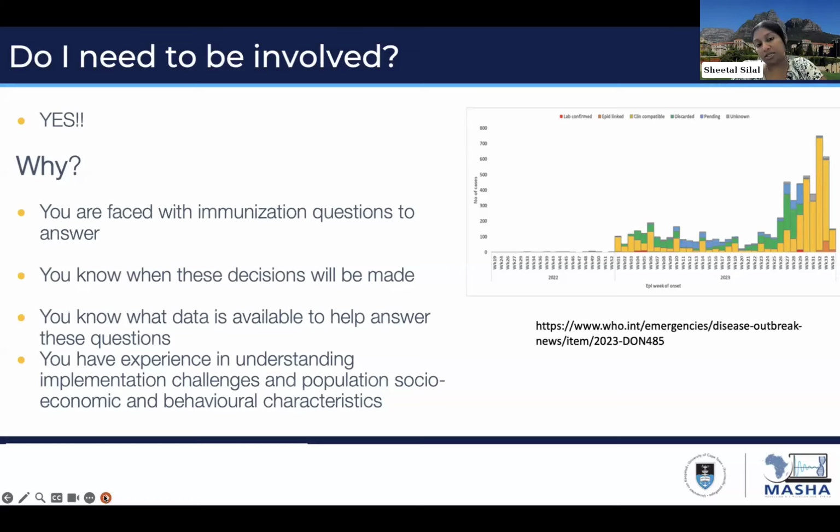But very importantly, you have experience in understanding the implementation challenges and the socioeconomic and behavioral characteristics of the population who will be receiving these vaccines. And it is this experience that is vitally important to helping modelers make the scenarios and recommendations that come out of our model feasible.